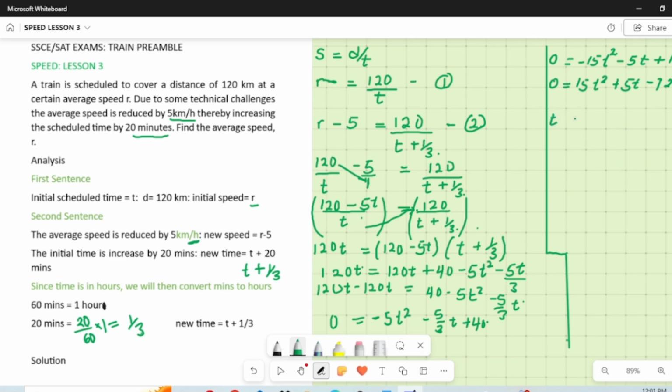So our t is equal to minus b plus or minus root of b squared minus 4ac all over 2a.